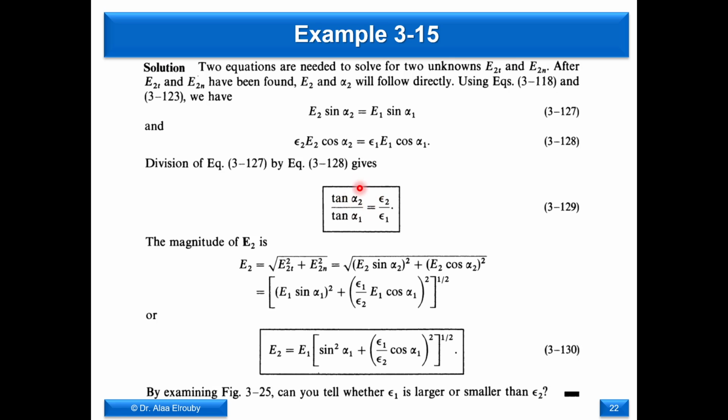From this equation we can find alpha 2. Substituting alpha 2 here, alpha 1 is known, E1 is known, alpha 2 now is known, so we can find E2, and we solved the problem, which is we found the magnitude of electric field in medium 2 and the angle between the electric field and the normal to the interface in medium 2.